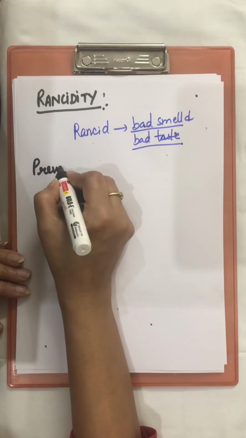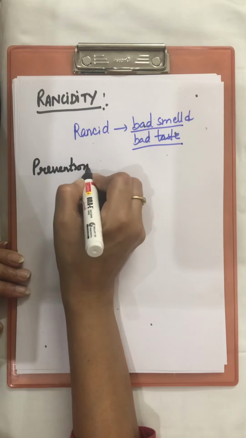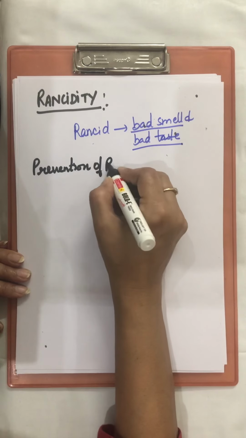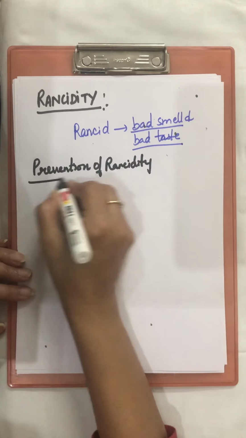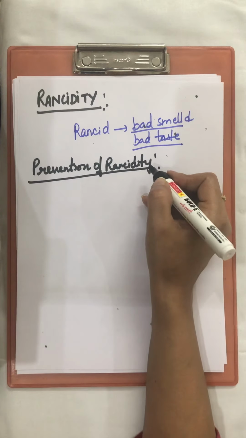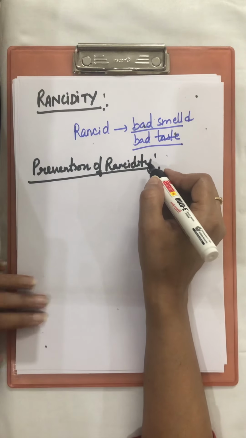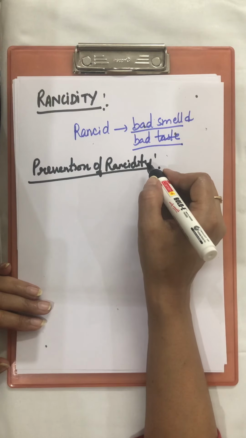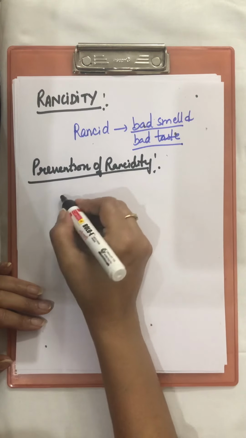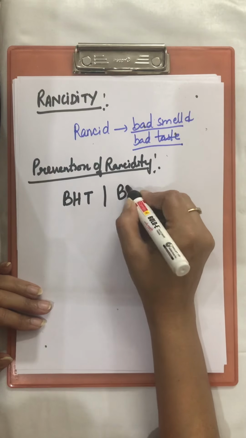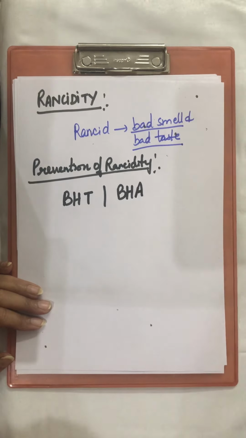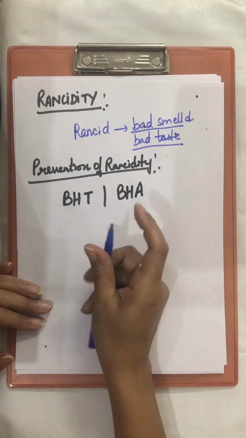Prevention of rancidity. How can we preserve the food for a longer time? How can we prevent this attack of oxygen on the food? To the food containing fat and oil, we can add BHT and BHA. These are antioxidants.